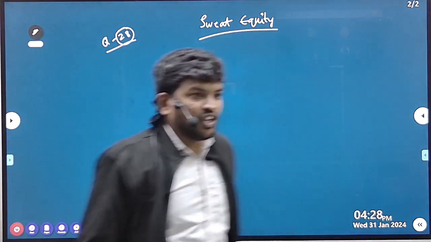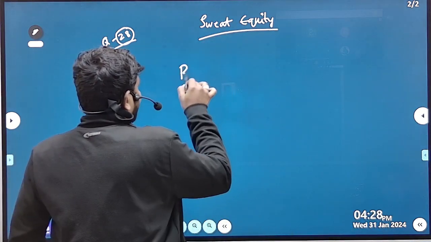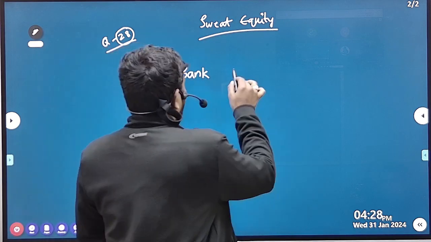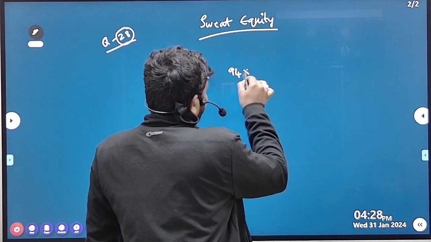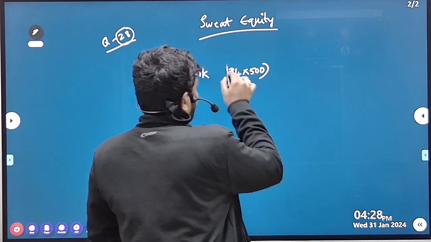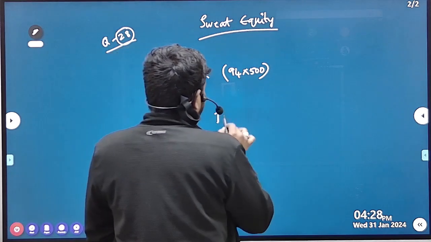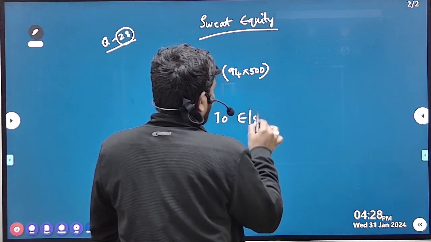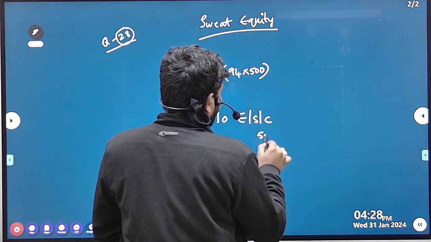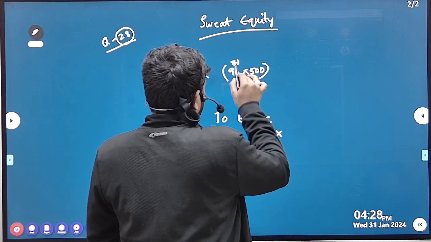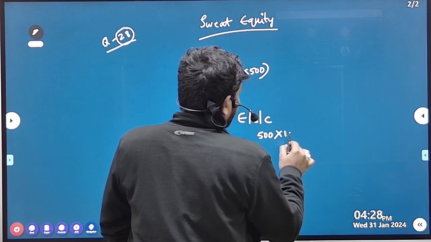So they'll pay in cash 94 rupees, 94 into 500. I'm crediting equity share capital for the whole face value, 500 into 100 rupees.